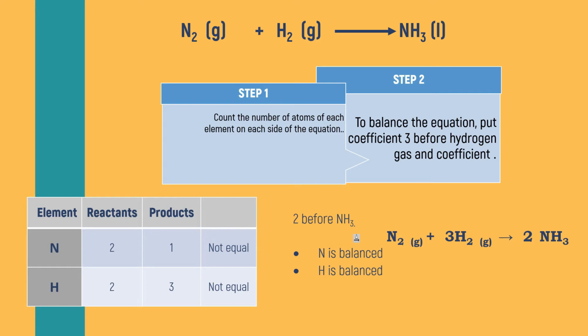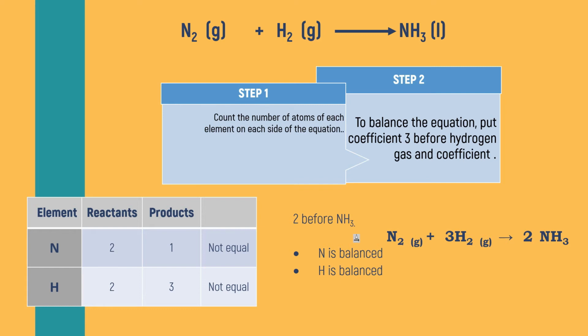Before you have NH3, so you will write coefficient 3 in hydrogen in the reactant side and then 2 in your product as your coefficient. So you will have N2 plus 3H2 producing 2NH3. That means that in your reactant side, the number of nitrogen is 2 atoms.